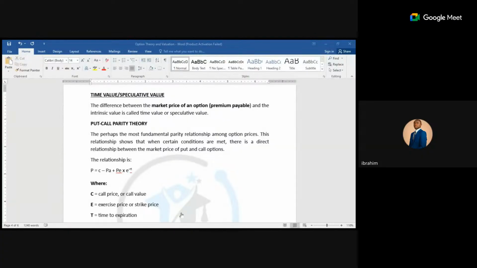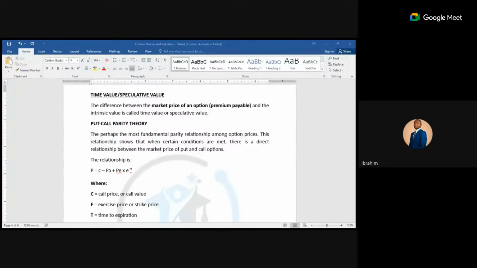The examiner may ask you to calculate the put-call parity. The put-call parity measures the relationship between the market price of put and call option. Call option is an option to buy. Put option is an option to sell an underlying asset.